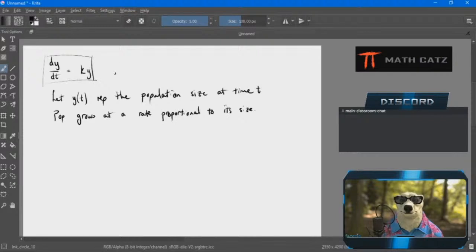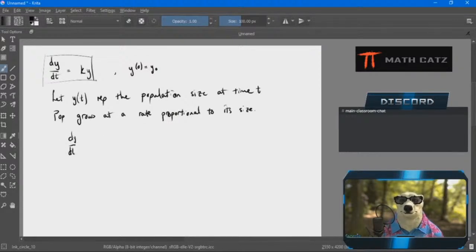That is a mathematical translation of this second sentence. I also want to know how many I have in my population originally, my initial population size, and between the two we can solve that differential equation and find the function that describes how the population grows.